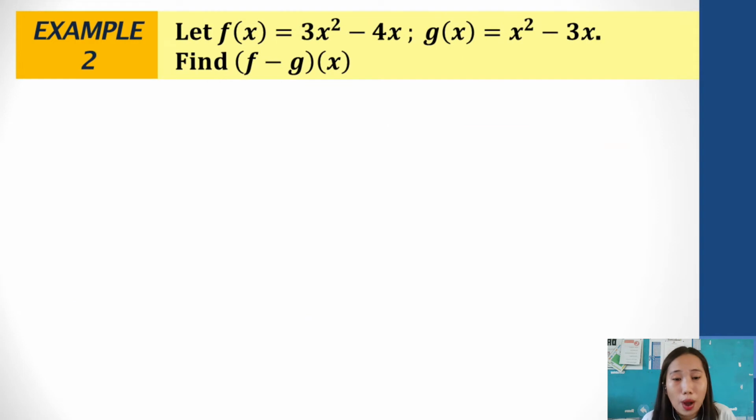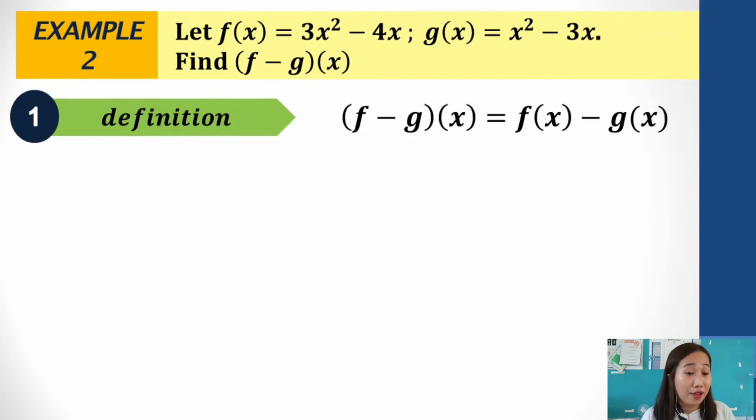Example number 2. Let f of x equals 3x squared minus 4x and g of x equals x squared minus 3x. Find f minus g of x. So, ano yung una? Siyempre, write natin yung definition. F minus g of x equals f of x minus g of x.